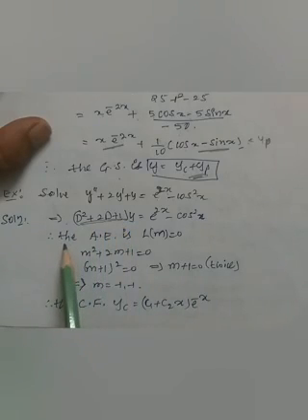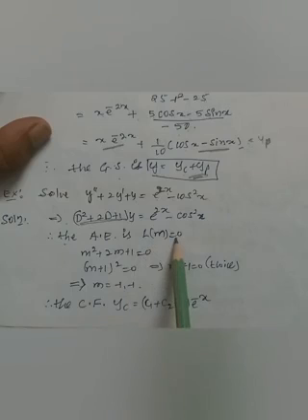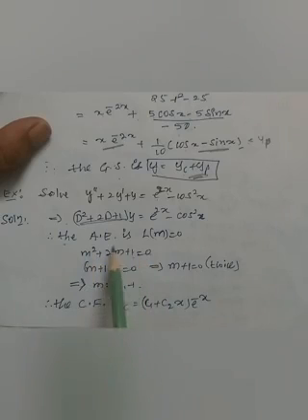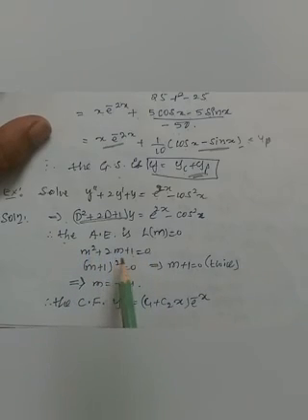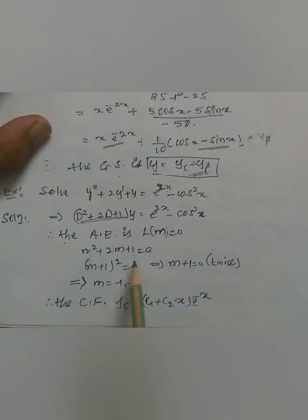So write down the auxiliary equation as L of m is equal to 0, that is m square plus 2m plus 1 is equal to 0. It is a quadratic equation in standard form, so let us not go for the factorization method. Directly, it is of the form a square plus 2ab plus b square, so you can write this as (m plus 1) whole square equal to 0.